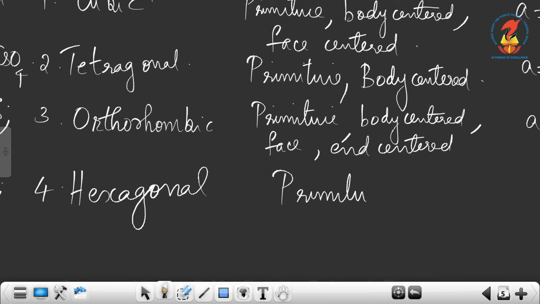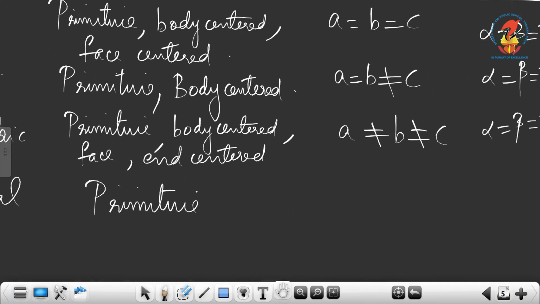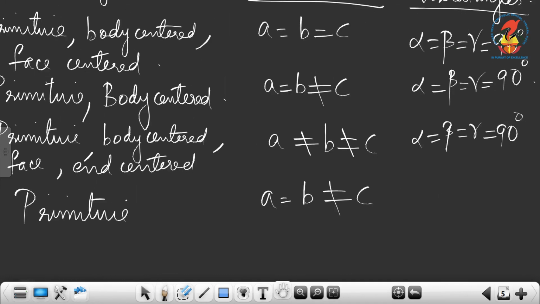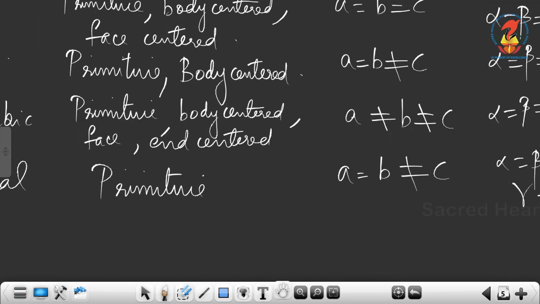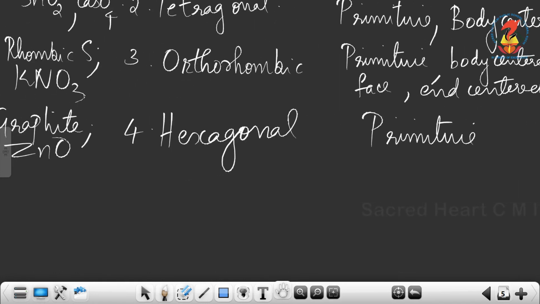Only primitive lattice type is possible for hexagonal. And axial distance for hexagonal is A equal to B not equal to C, and the axial angle is alpha equals beta equals 90 degree and gamma equals 120 degree. So this is number 4.